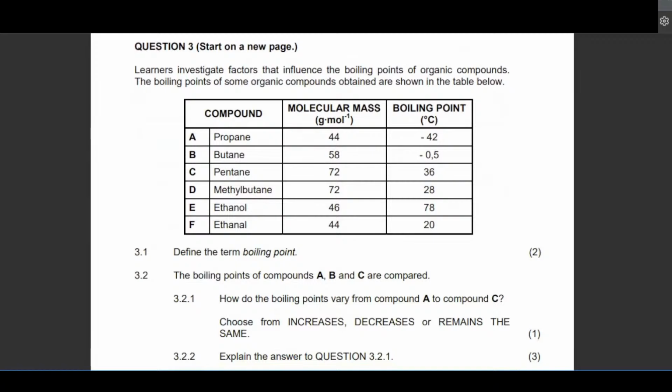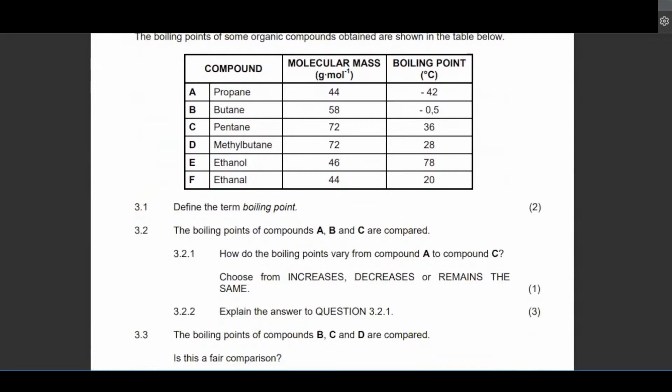The last question, but not the least, on organic compounds, or the second question. They're saying define the boiling point. When you talk about the boiling point, you're talking about the point at which the vapor pressure of a compound in a closed system is equal to the atmospheric pressure.